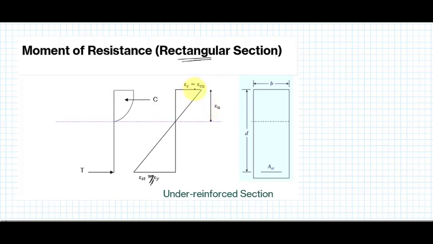The strain in concrete will reach the ultimate strain, because when the member is going to fail, the failure will be due to the compression failure of concrete. So when concrete is failing first, it means that the strain in concrete has reached the ultimate strain value. Regarding steel, the steel will have strain greater than or equal to the yield strain. It means that the steel has started yielding.